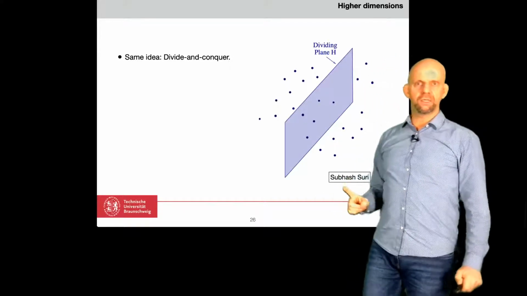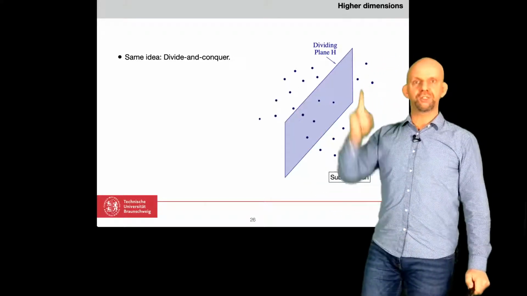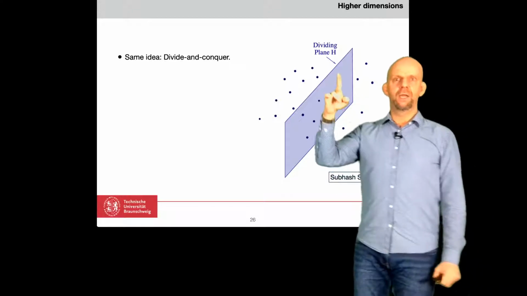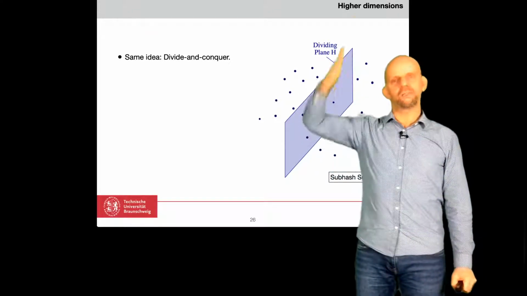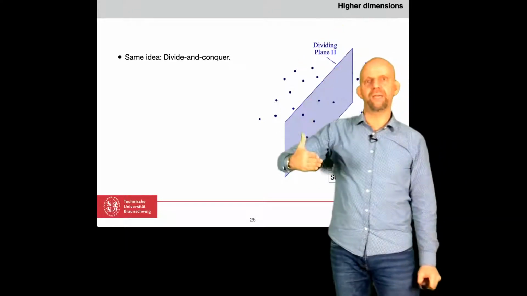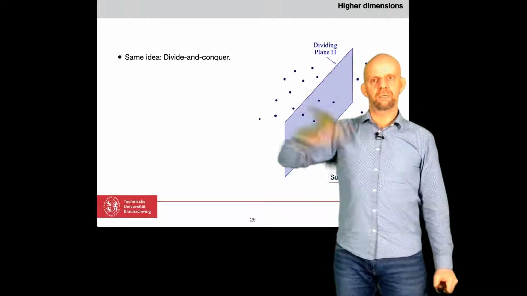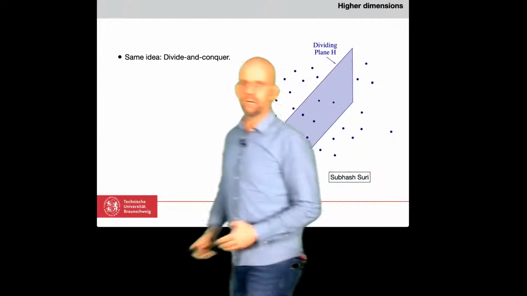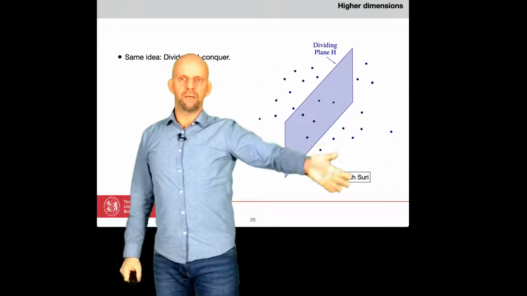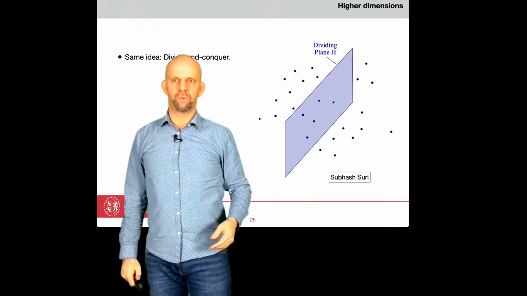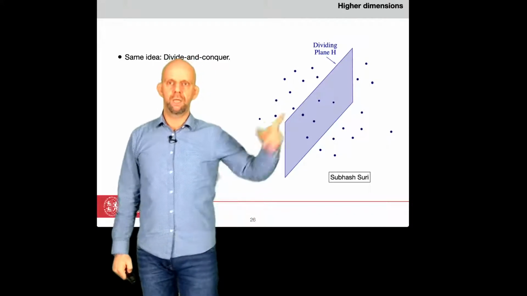And here's a nice figure that I stole from Subhash Suri's slides on this topic. So instead of using just a line, you use a hyperplane that cuts the set into two subsets of basically the same size. Could be a median line to some coordinate.